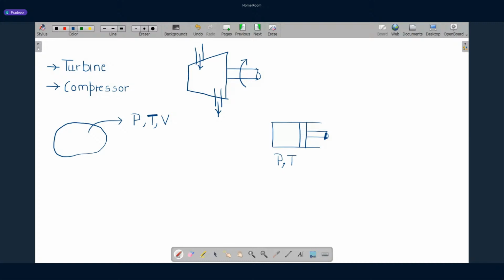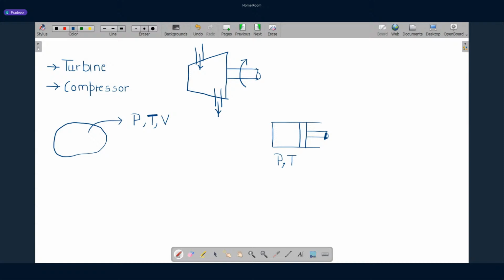That means we can clearly define the condition of our system, and that condition of the system is called the state of the system.